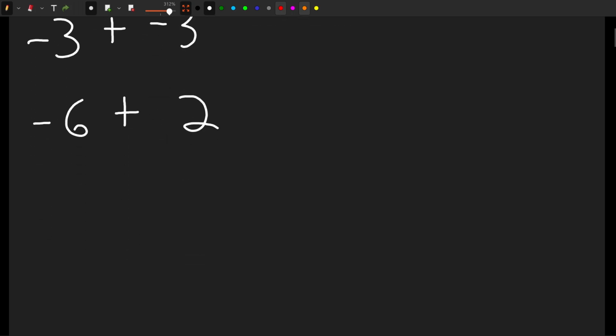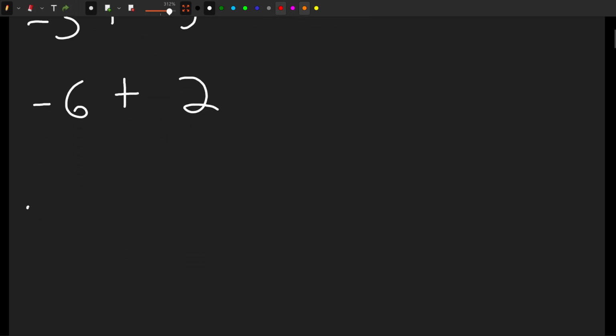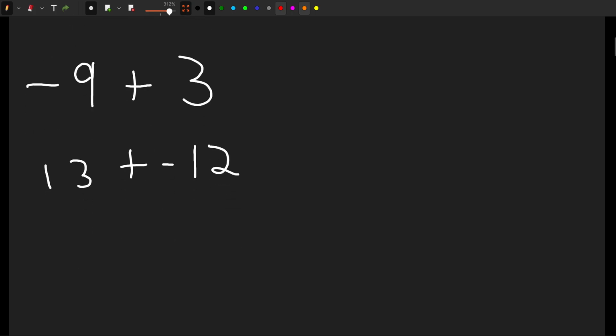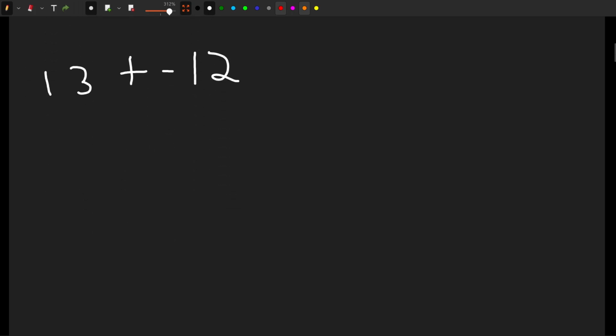Our next three problems are going to be negative 9 plus 3, 13 plus negative 12. And then the next one will be 21 plus negative 17.